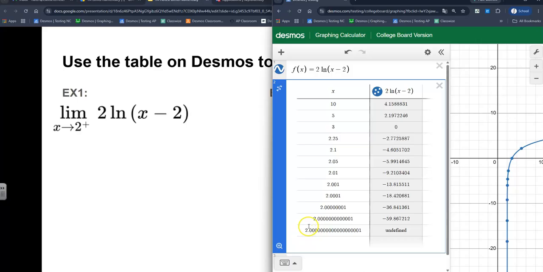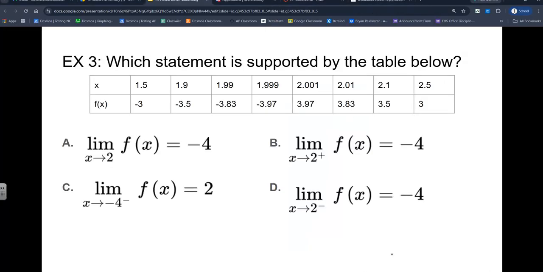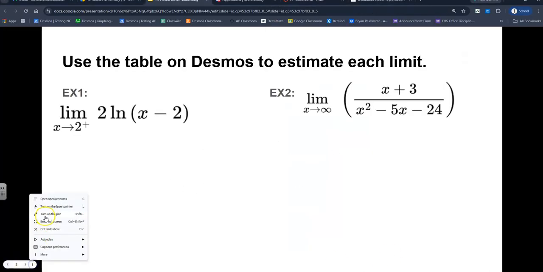So we can kind of ignore this last one, but what do you see happening to these values? They're getting smaller. Do they seem to be evening out at a number or just going down? Going down, right? And so I would say that this table is supporting that this limit equals negative infinity.